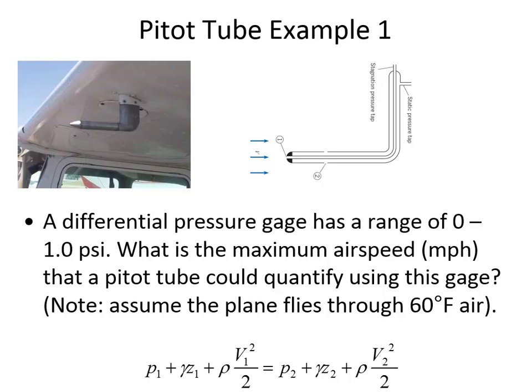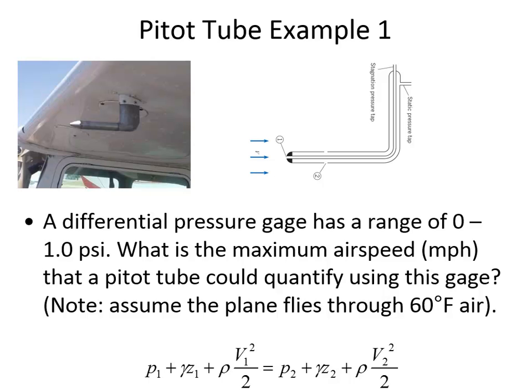Okay, so we can rearrange this. Well, we don't even have to rearrange. What it's saying is P1 is equal to P2 plus the density times the velocity 2 squared divided by 2.